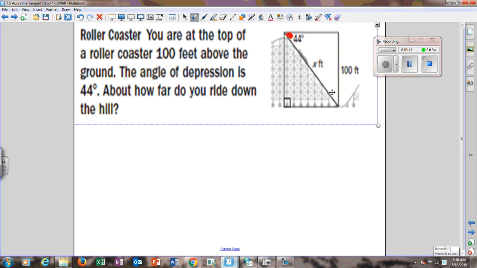Now, if we look at this triangle, it's going to help us more than looking at this triangle. Since it's a 100-foot drop, we can look at this side as the opposite of the angle. So we have the opposite, and we're trying to find what the hypotenuse is. So see that it's OH, which tells me that I use sine.